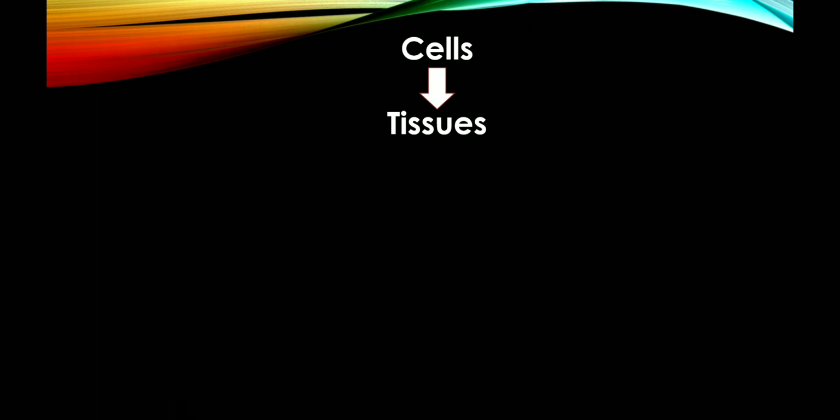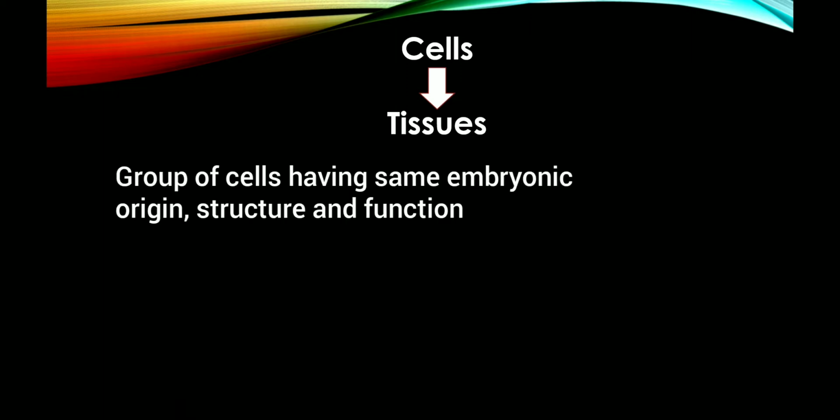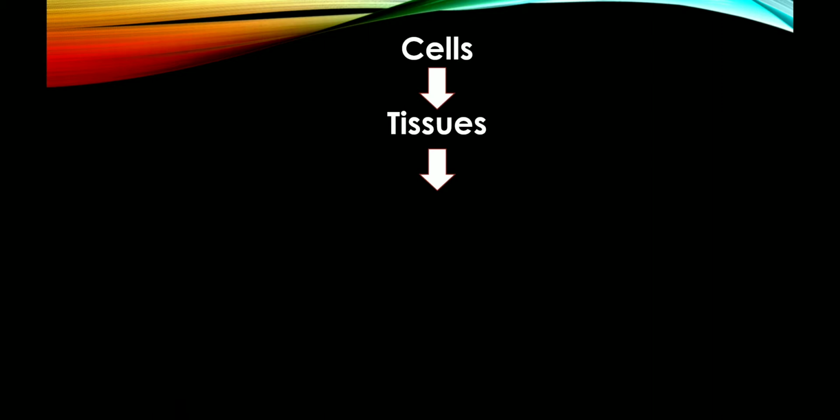What are tissues? Tissues are nothing but a group of cells having the same embryonic origin, structure and function. When different tissues combine together, they form organs. So organs are tissues combined together in an orderly manner.